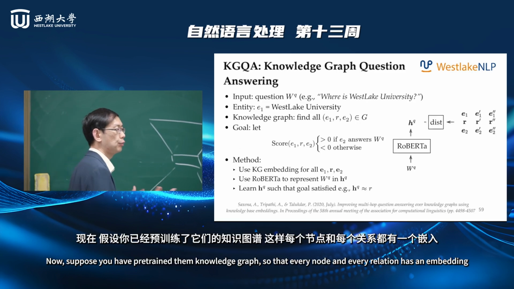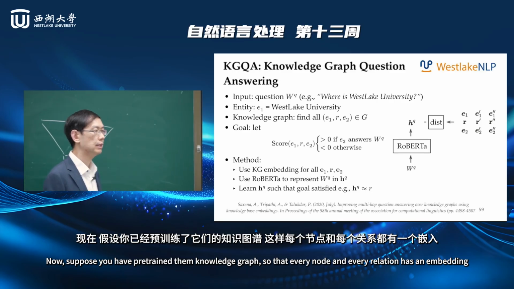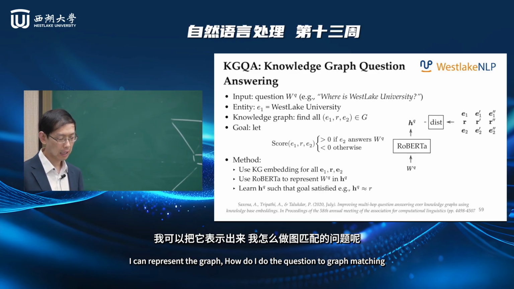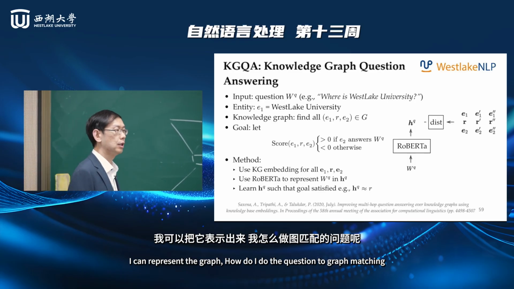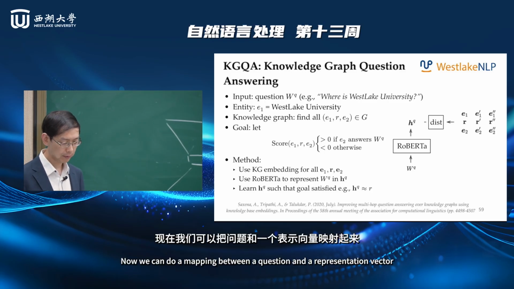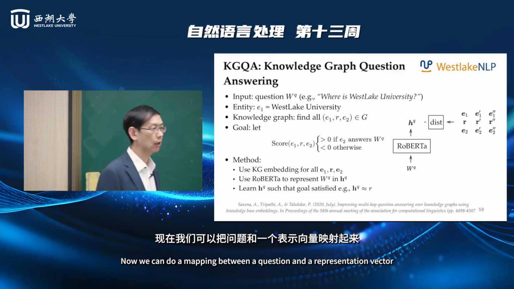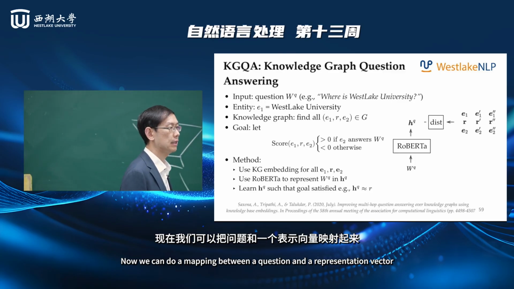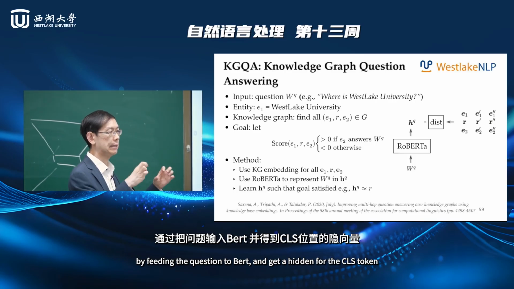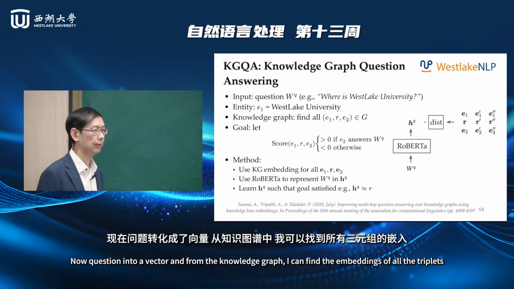Now, suppose you have pre-trained the knowledge graph so that every node and every relation has an embedding. I can represent the graph now. How do I do the question to graph matching? Now we can do a mapping between a question and a representation vector by feeding the question to BERT and getting the hidden state for the CLS token. Now the question is a vector.